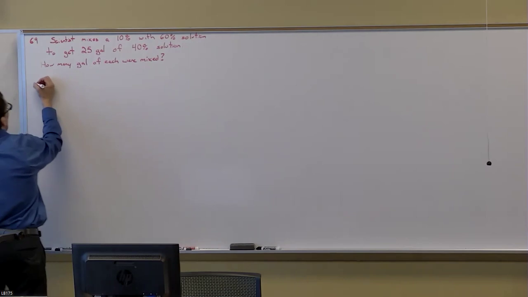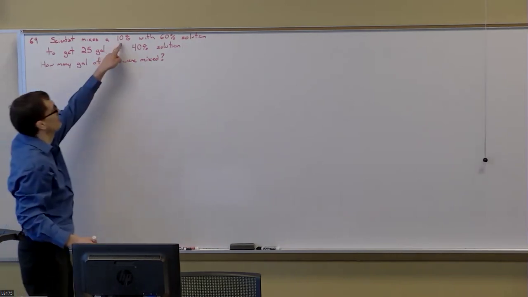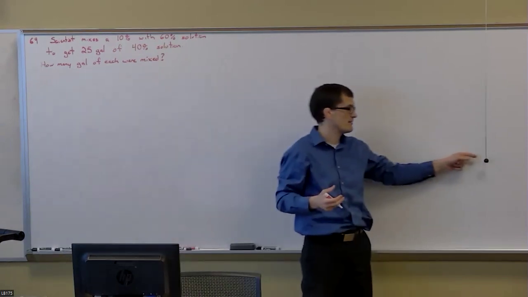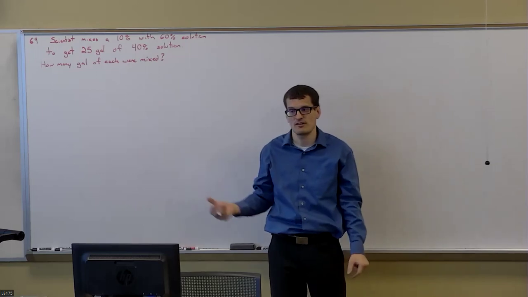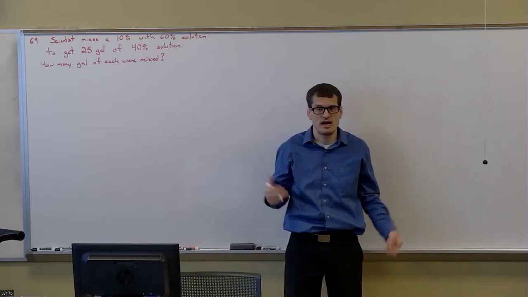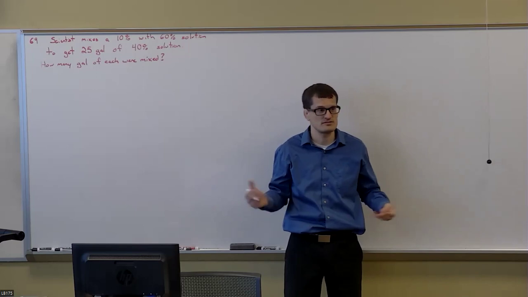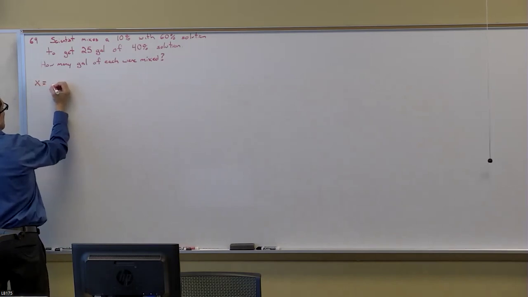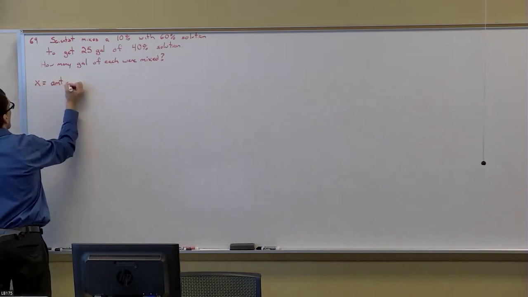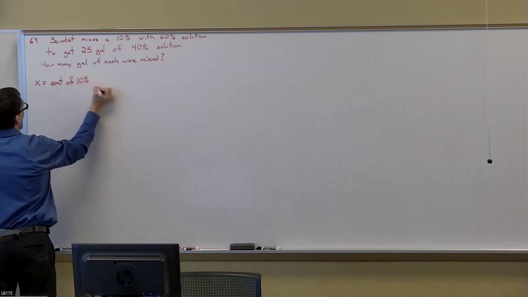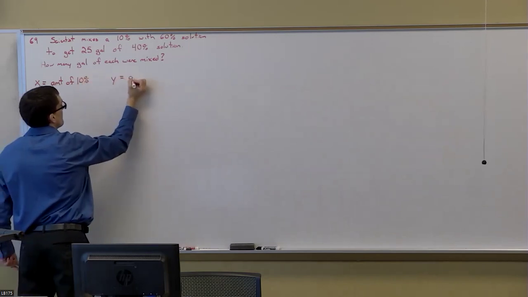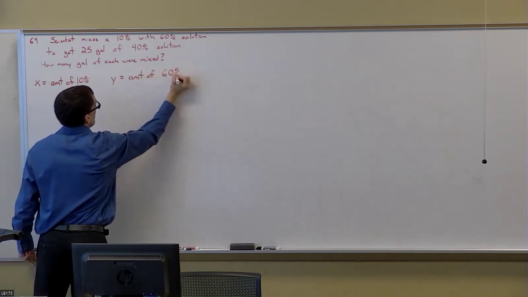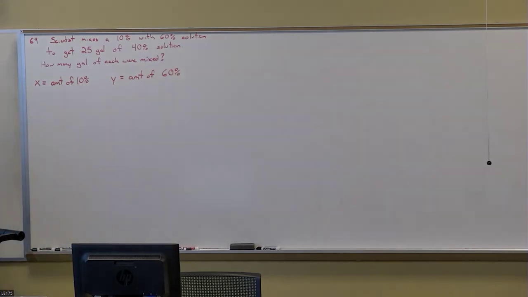Now, we gotta call one of these a variable, the 10%, and however much of the 10%, we gotta call that a variable. How much of the 60%, we gotta call that a variable. Doesn't matter which letters you use. I'll use X and Y's. If you prefer A and B's, use A and B's. I'll say that X is gonna represent the amount of the 10%, and Y represents the amount of the 60% solution.